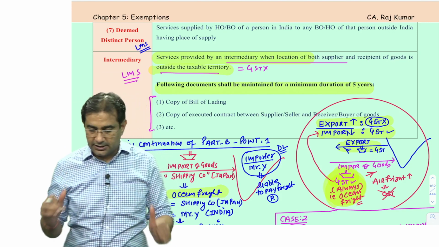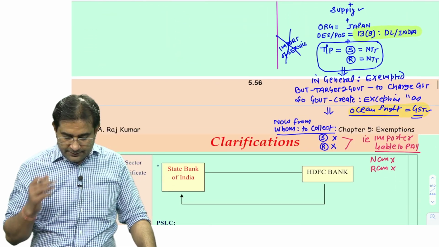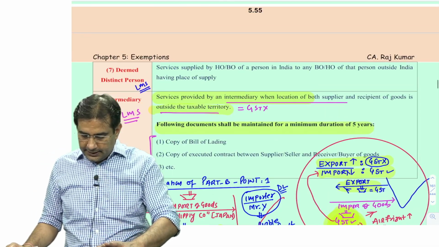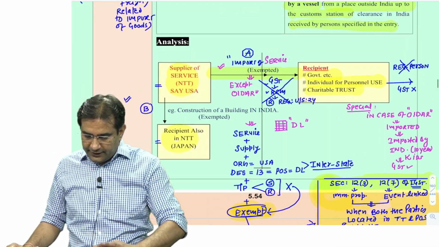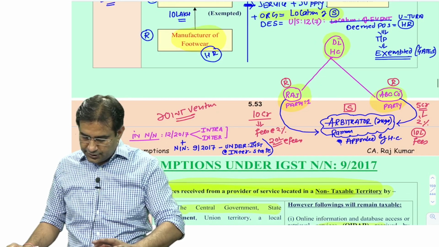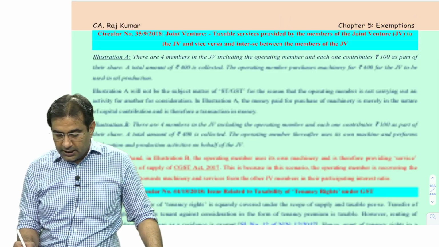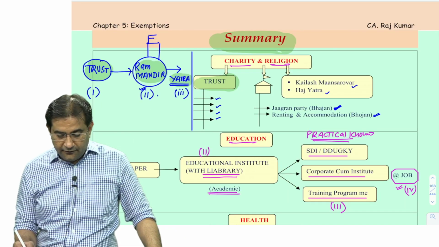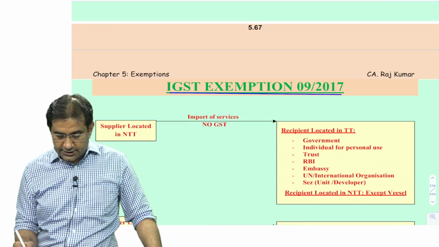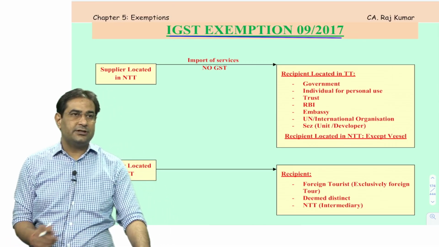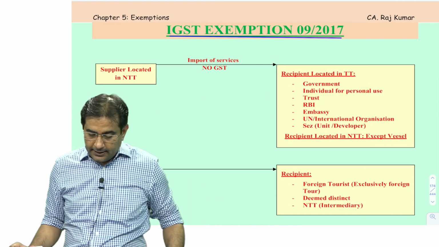Is it okay? Yeah. So here are the exemptions that are contained in notification number 9/2017. Now let's come to the summary part. What is the final summary of the discussion that we have had today? IGST exemptions, 9/2017.